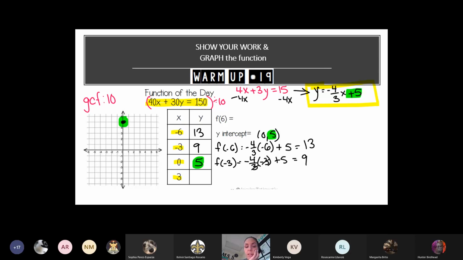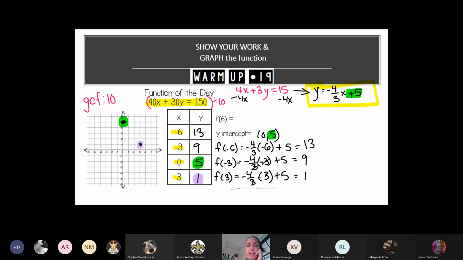I don't need to do f of 0, but I do need to do f of 3. When I do f of 3, I'm going to have negative 4/3 multiplied by 3 plus 5. Now I'm going to have my negative 4 plus 5, which is going to be 1. And so my y value here is 1. So this is the other point that I can graph. It's going to be 3, 1.